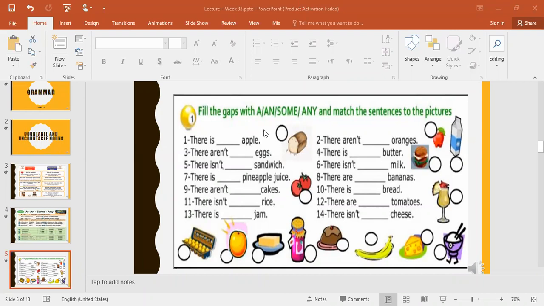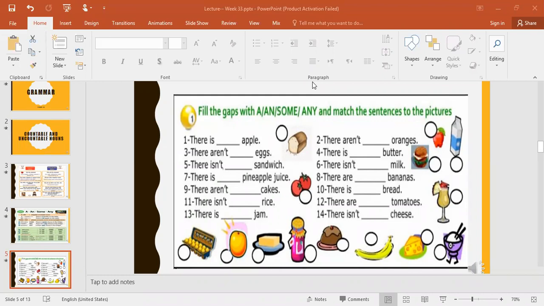Salman. There are bananas. There are some bananas.